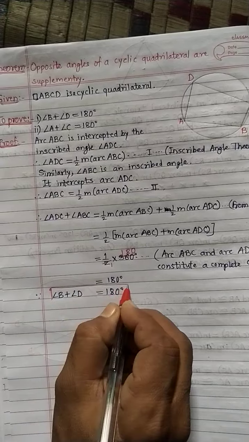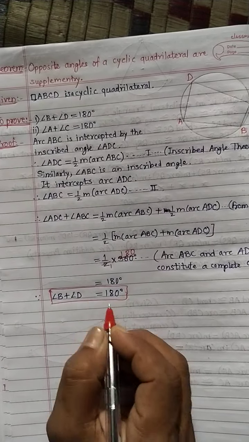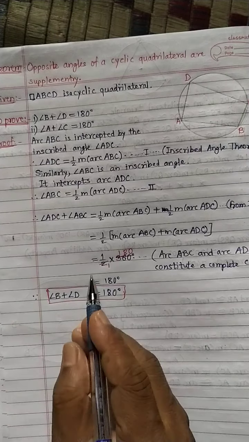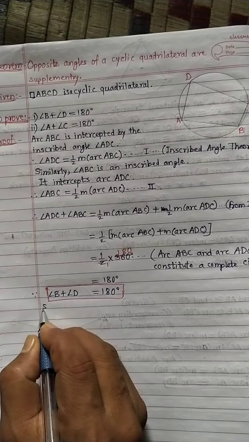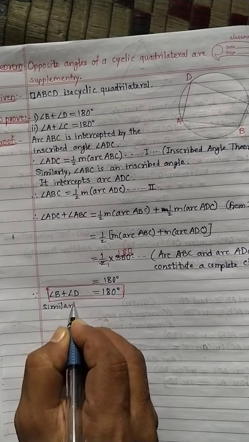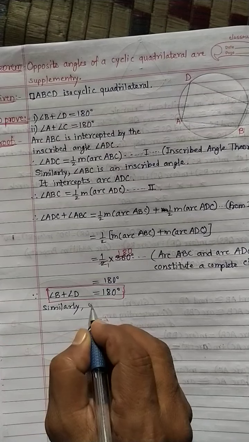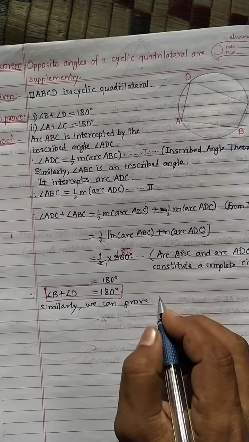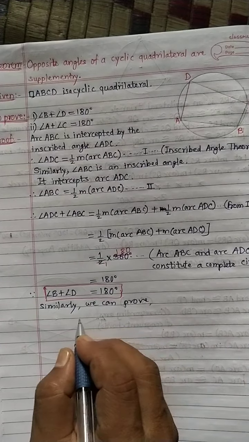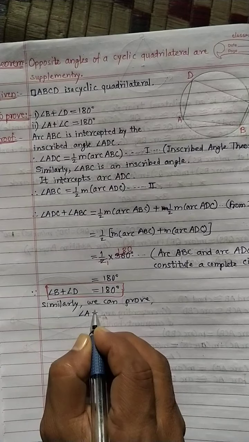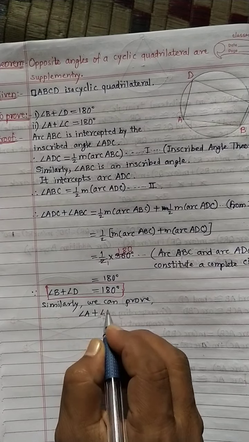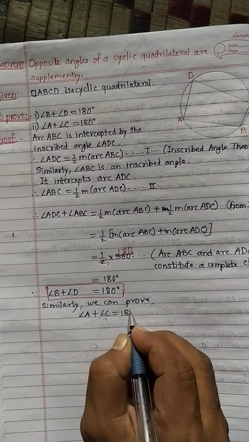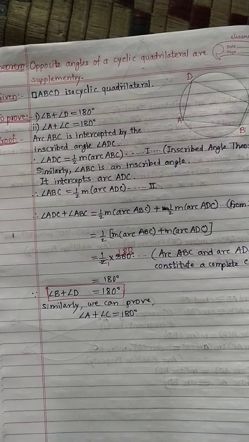Now here, similarly, we can prove angle A plus angle C is equal to 180 degrees.